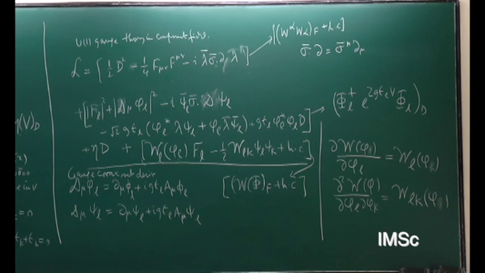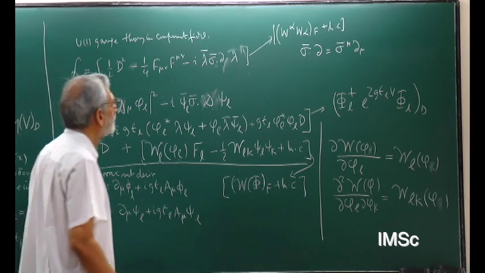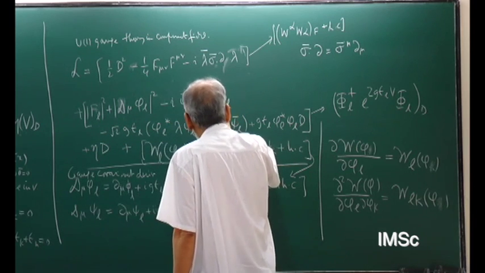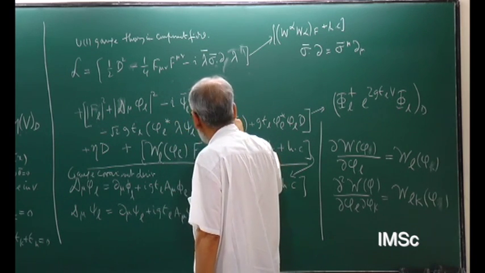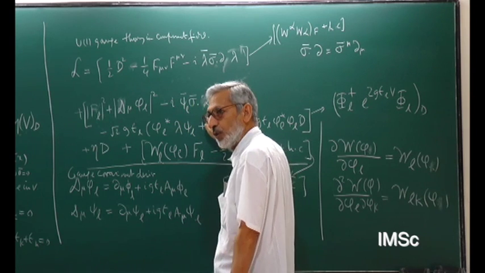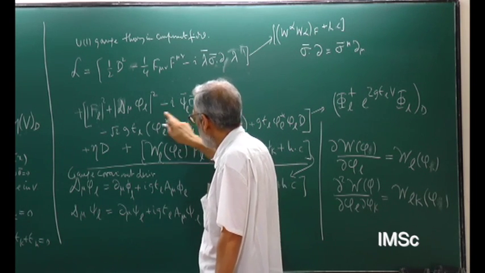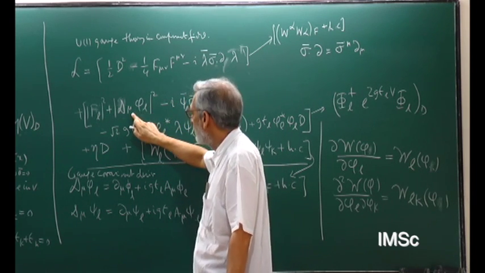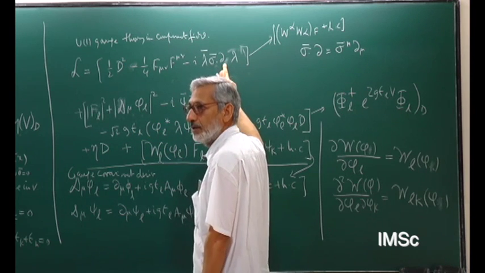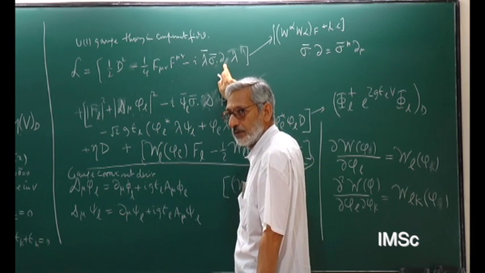So this would be the most general U(1) gauge invariant supersymmetric Lagrangian. Notice for the charged fermion field psi_L, there is a gauge covariant derivative here. For phi_L, there is a gauge covariant derivative here. But there is no gauge covariant derivative here. There is an ordinary derivative.